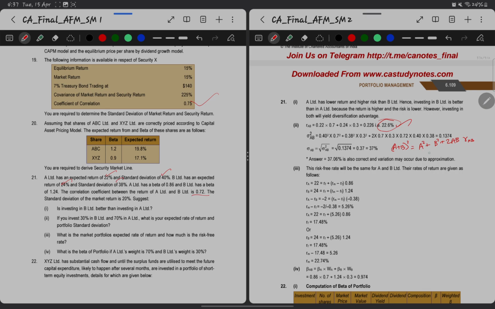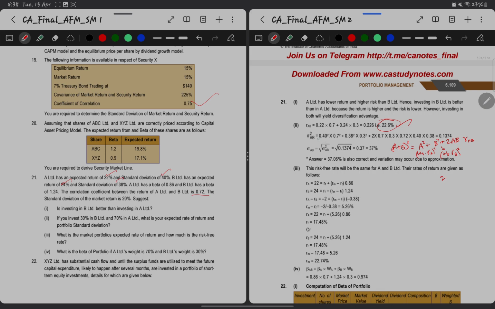Now here A square signifies weight of A multiplied by standard deviation of A, the whole square, and then B square is weight of B multiplied by standard deviation of B, the whole square, then 2AB, same thing, 2 into weight of A standard deviation of A, weight of B standard deviation of B multiplied by rAB.